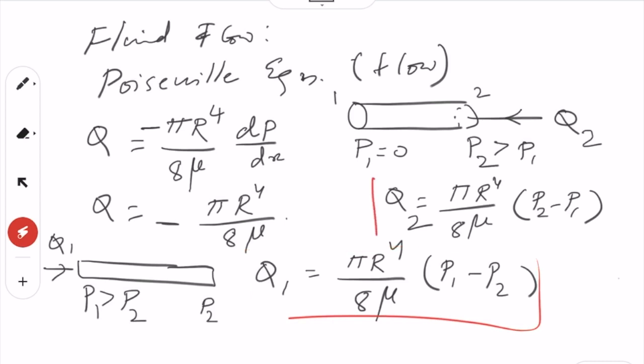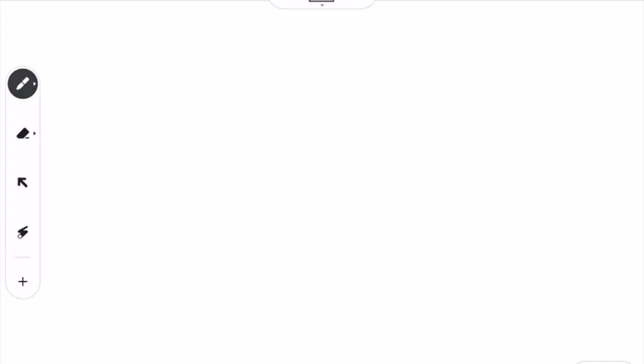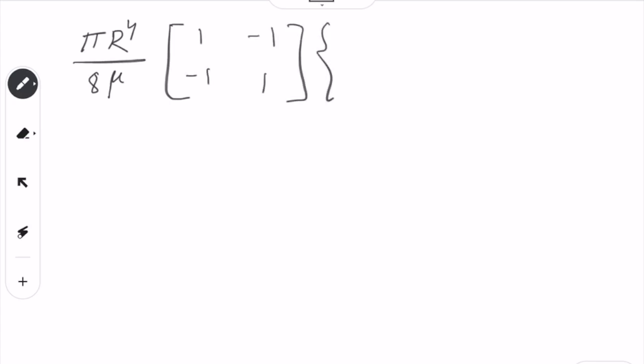The rest is writing this in terms of matrix, and that's what we will do. So the equation will be something like pi R to the power 4 divided by 8 mu, and then we have the matrix [1 -1; -1 1], and then P1 P2 is equal to Q1 Q2.